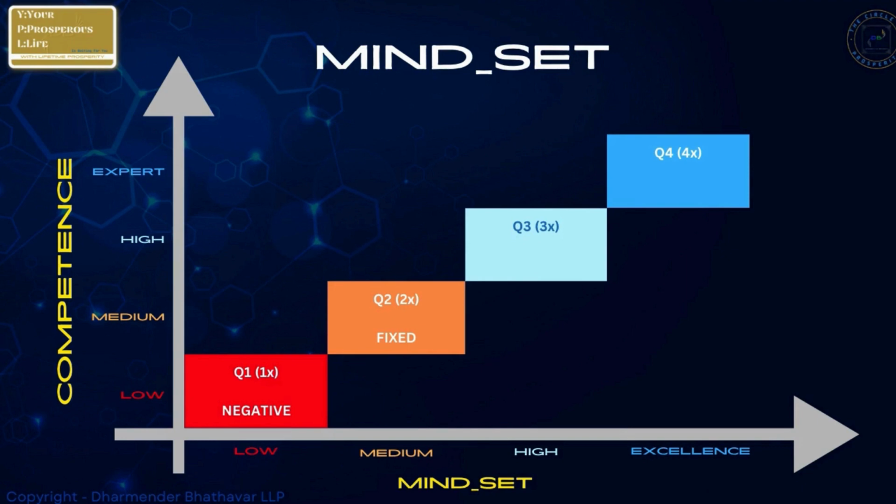Now, let's go to quadrant 3. Well, quadrant 3 is where competency levels are high, and they have a high mindset. So hence they are placed in quadrant 3, and here the mindset approach is an open approach, or we can call it an open mindset.